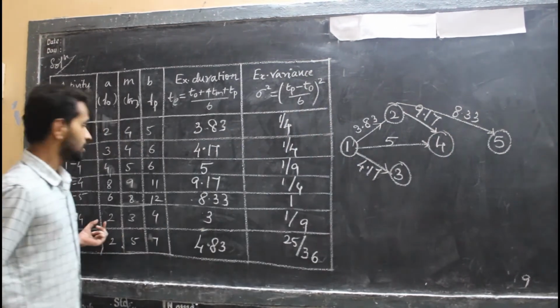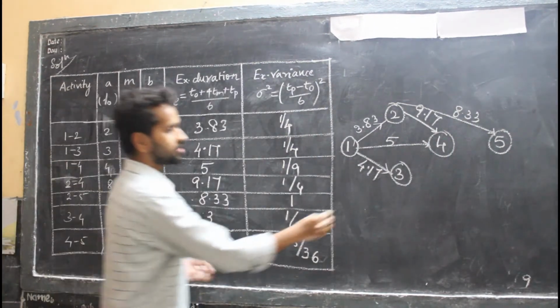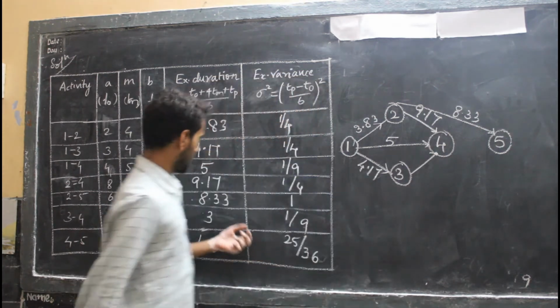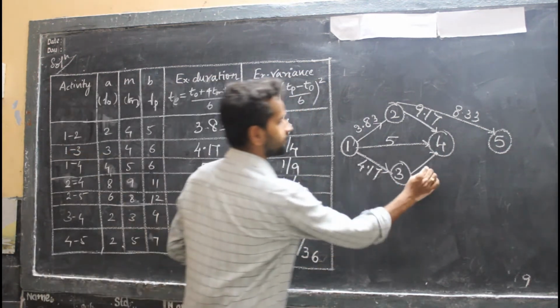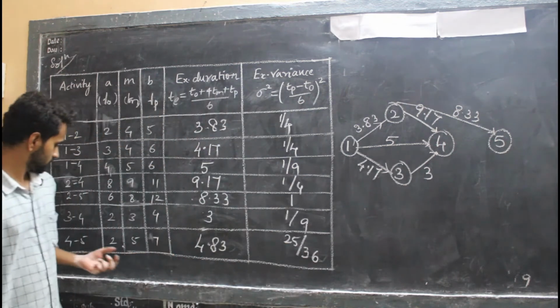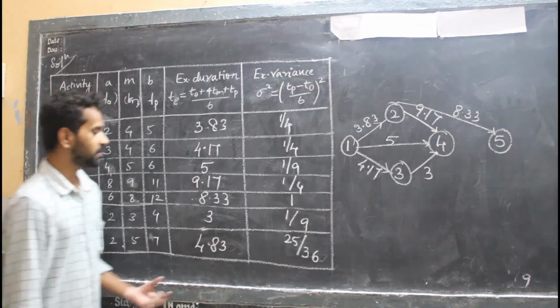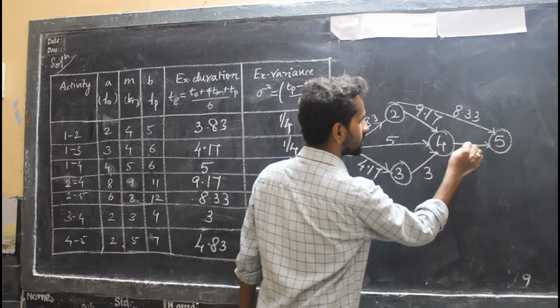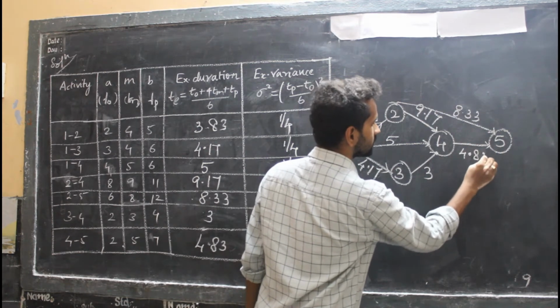So the next one is 3 to 4 activity, time duration is 3. And the last one, 4 to 5 activity, time taken 4.83.